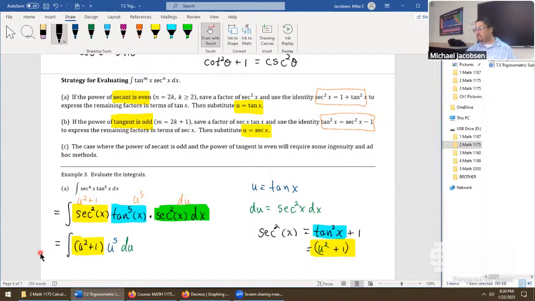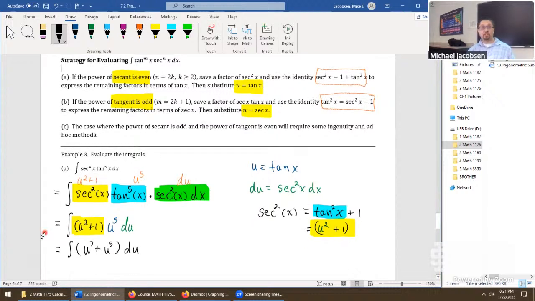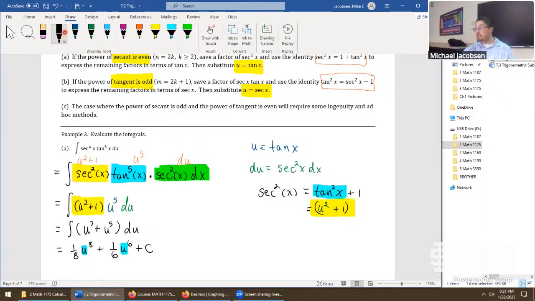This one goes really fast because now we're just integrating u to the power 7 plus u to the power 5 du. Really not too much more to say on this one. Next step, we get 1/8 u power of 8 plus 1/6 u power 6 plus a constant. And then finally, we just go back to the original substitution, which was a tangent, and write it in.